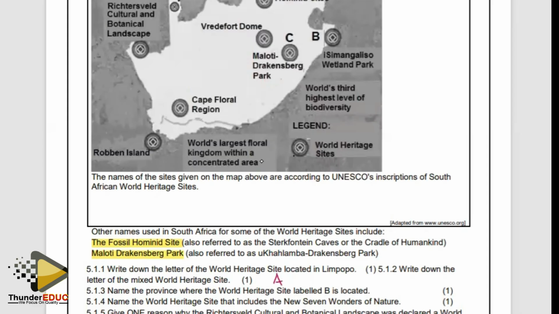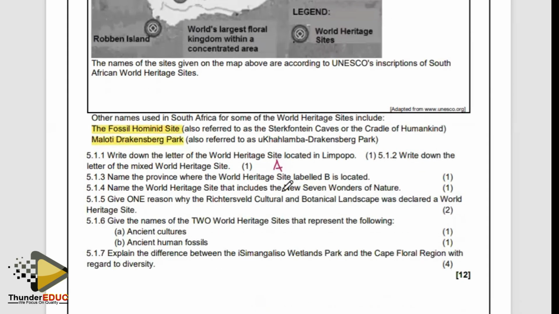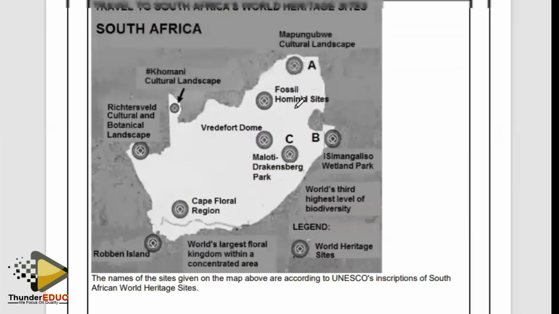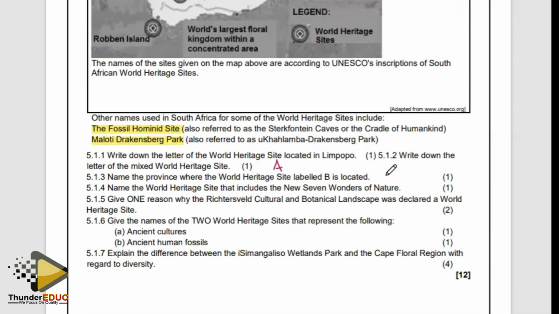Then, name the province where the World Heritage Site B is located. So let's look at B. B is iSimangaliso.